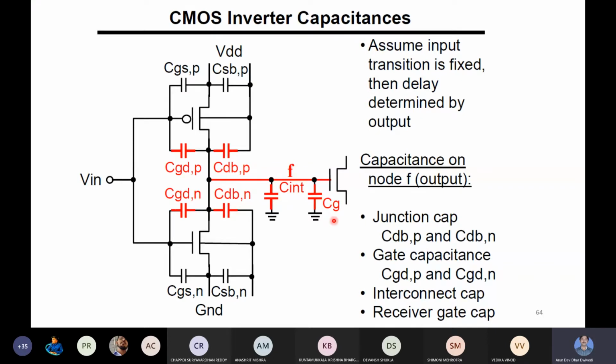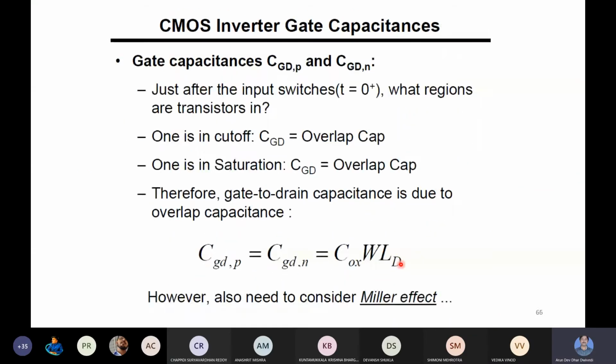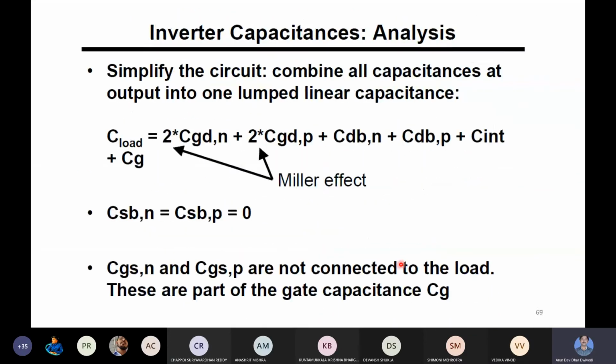The gate capacitance varies: in saturation it is 2/3 COX W L, and in cutoff or linear region we consider the maximum worst case capacitance.